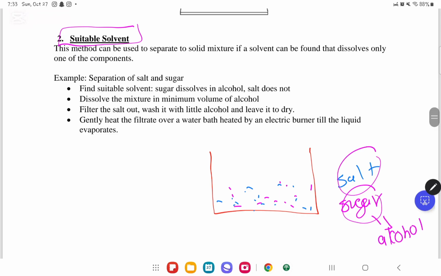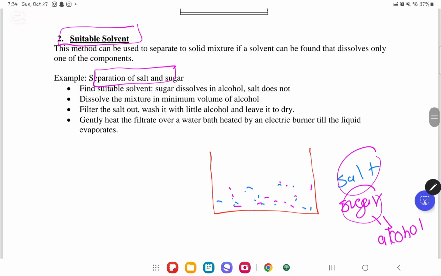So what did they do? They said, for the separation of salt and sugar, find a suitable solvent. For example, sugar dissolves in alcohol, whereas salt does not. Then we dissolve the mixture in the minimum volume of alcohol, so all the sugar will dissolve. After that, we filter out the salt, so our residue is salt and our filtrate is the sugar alcohol solution.